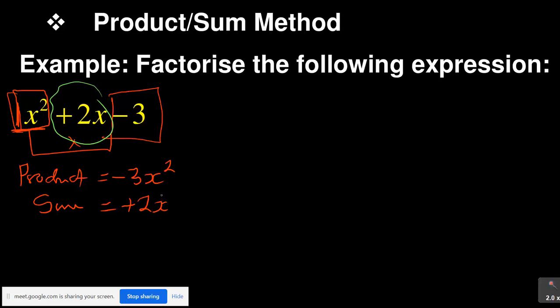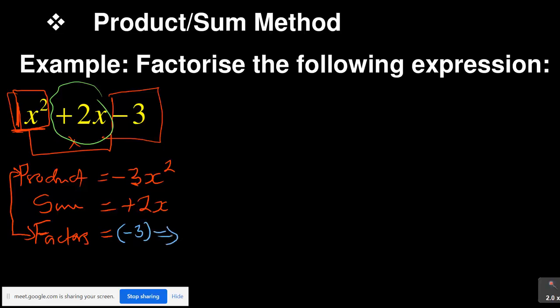We're together, right? Then what I usually do now is to find my factors, which is F. The factors here are the factors of the product. Don't forget, this is how these two link. It is the factors of the product, and in this case you're looking at factors of negative 3.